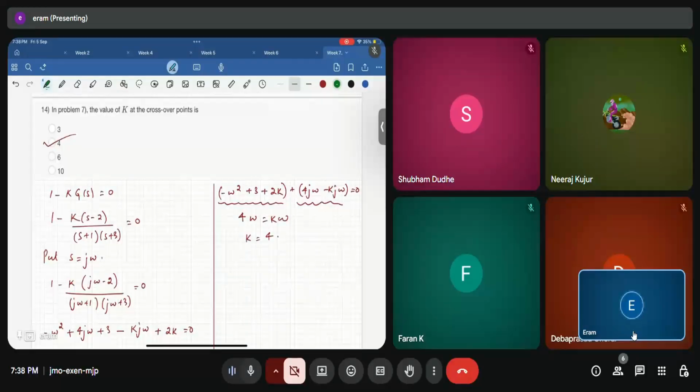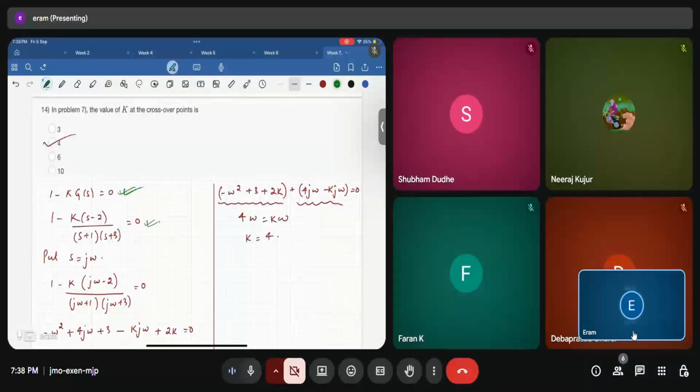Okay, that is the only case when we are going to hit the imaginary axis, because the root locus is nothing but the locus of closed loop poles. So the moment the closed loop poles are purely imaginary, that means we are explicitly on the imaginary axis. So what we have done, we have found the characteristic equation, which is 1 minus k into G(s) for the case of positive feedback.